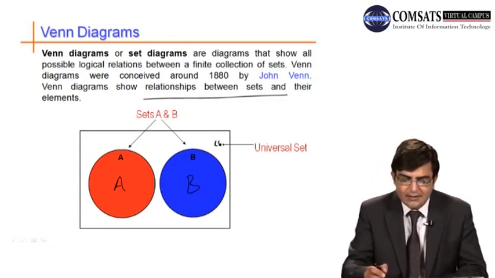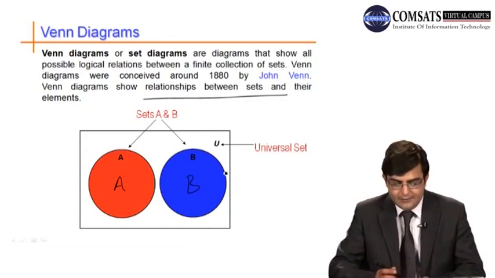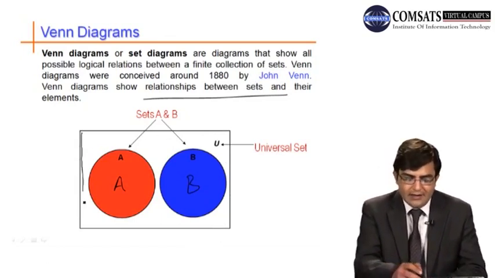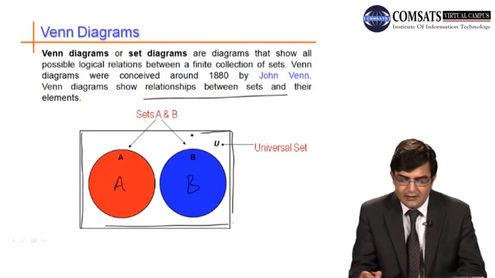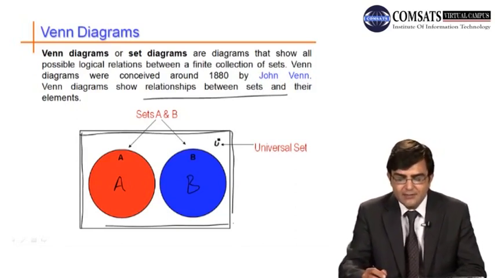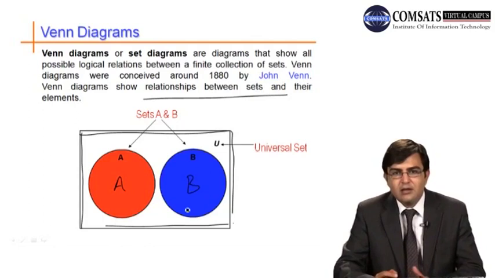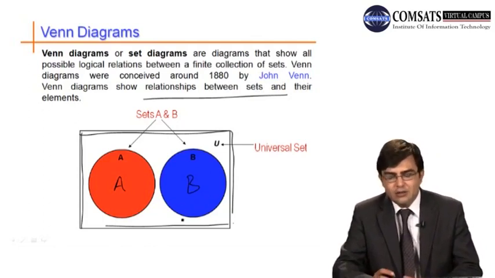This is the universal set, which contains all the sets. So in a Venn diagram we represent the universal set by a square, and it contains all other sets which are under discussion or on which we have to define the operations.